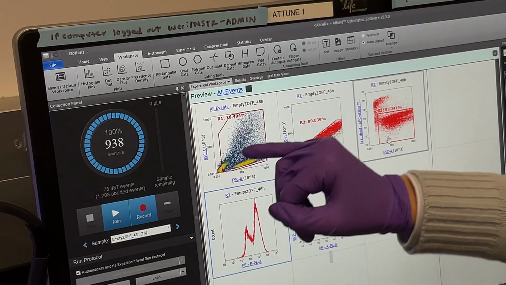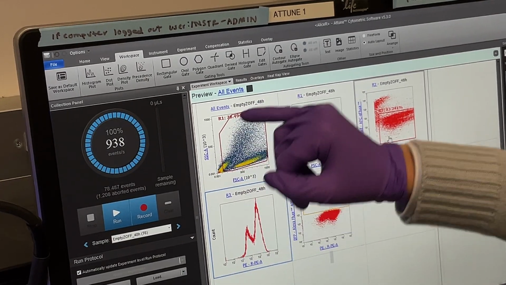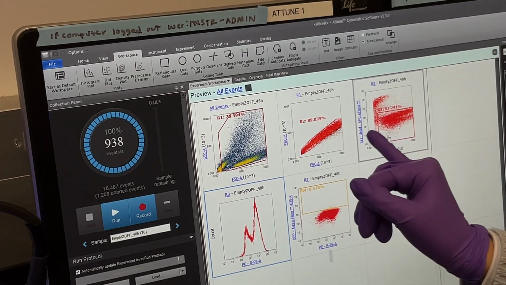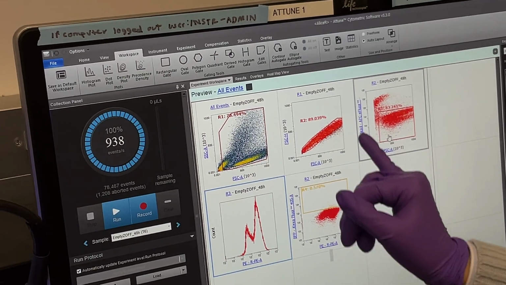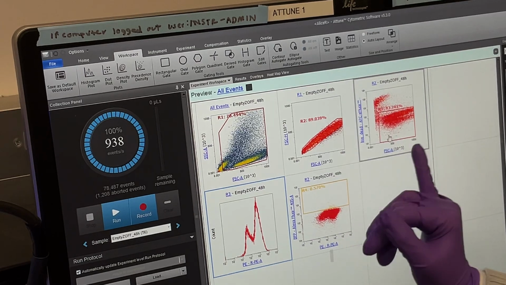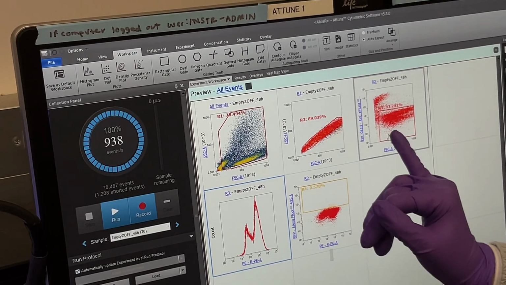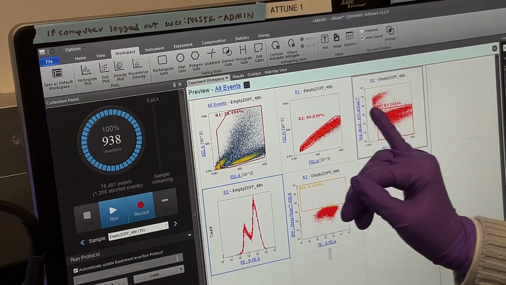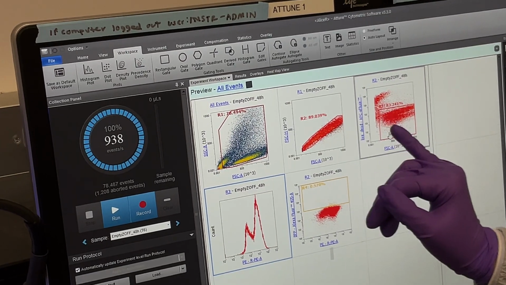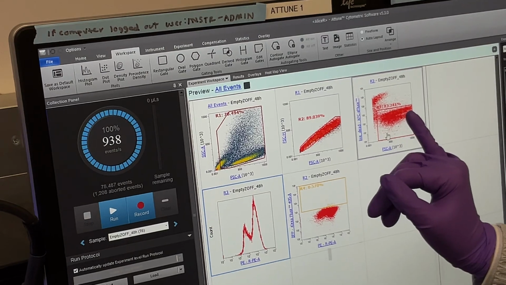So anything on this axis tends to be dead cells. But we also have another way to stain the live dead. So this is the live dead here. This is just the cell size. So the higher it is, the more chance that it's dead. These ones are the dead cells, and the things that are low over here are the live cells.